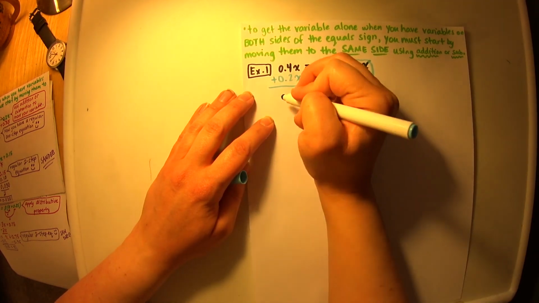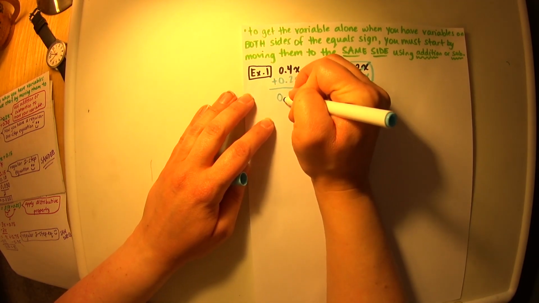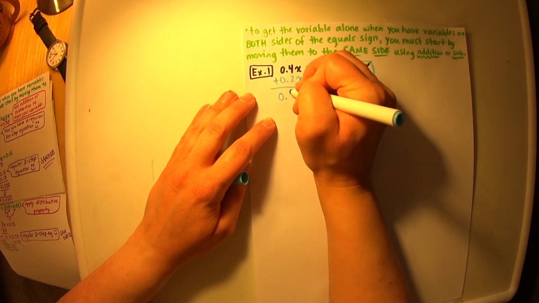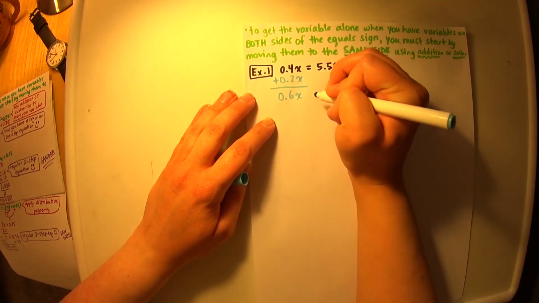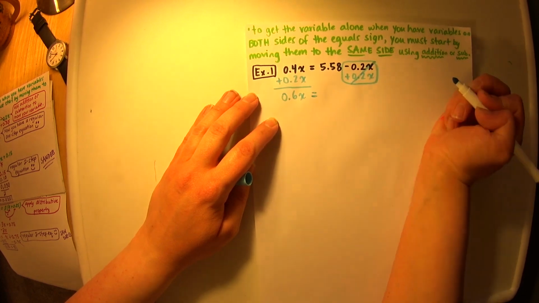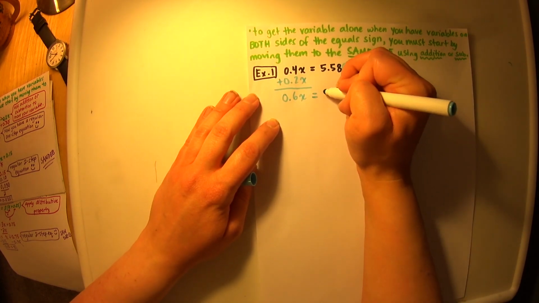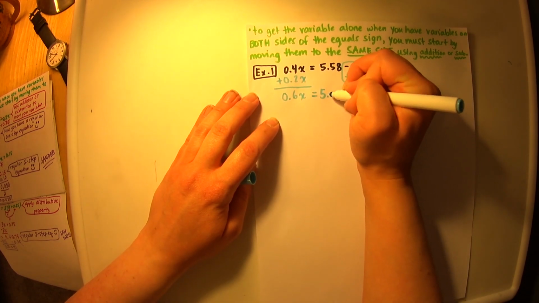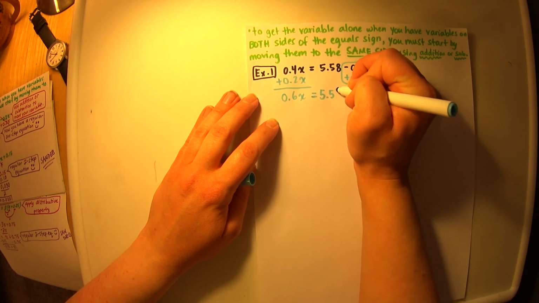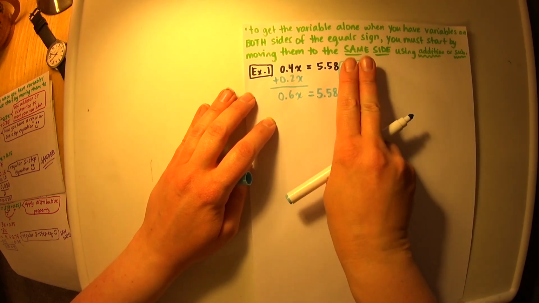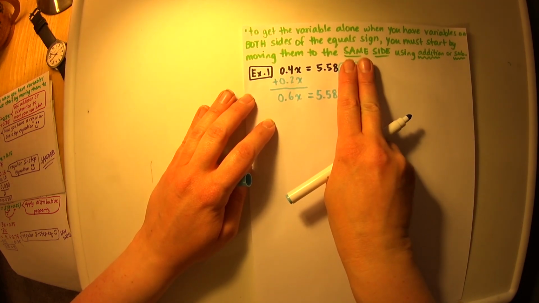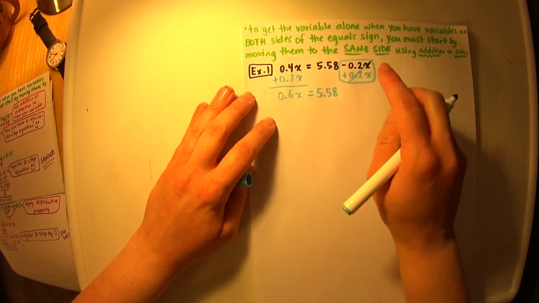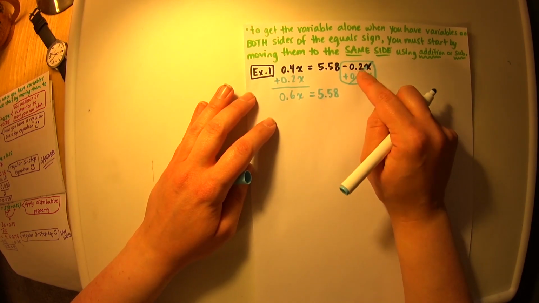So now, when we add this, we end up with 0.6x on the left side of the equal sign. And on the right side, all that's remaining is this 5.58, because this canceled to 0. We actually got rid of it. We couldn't have done that if we had just divided.